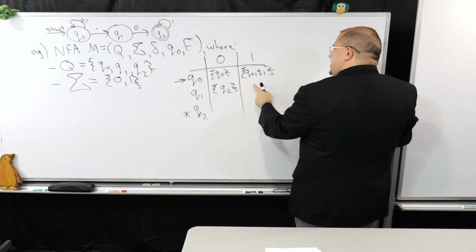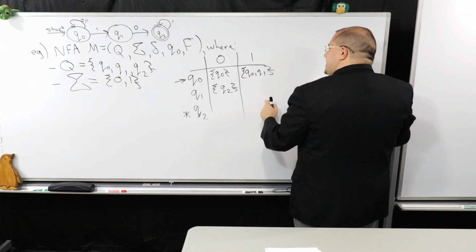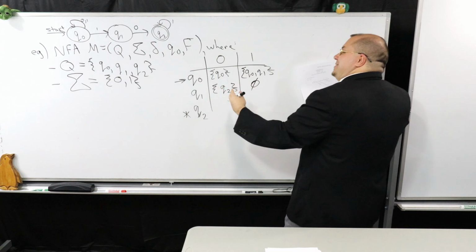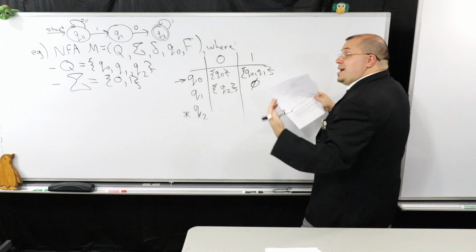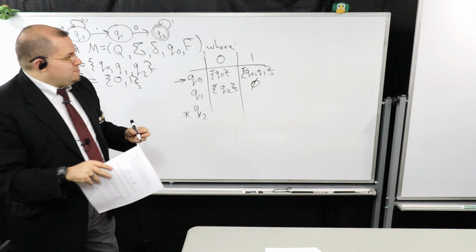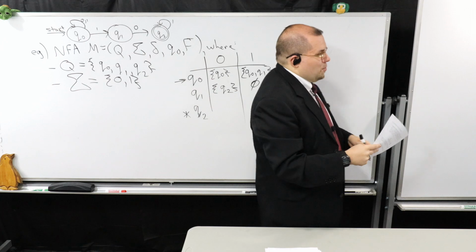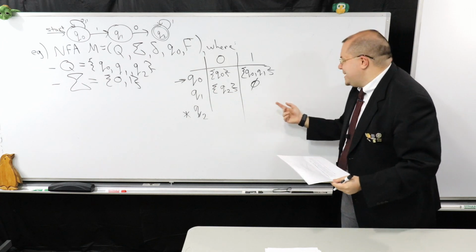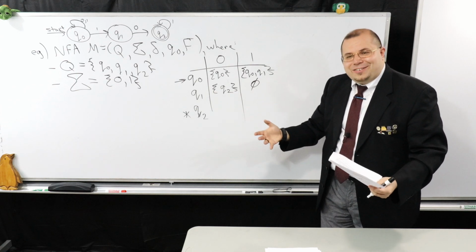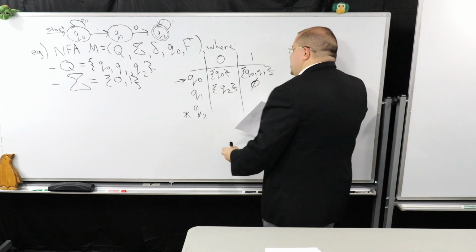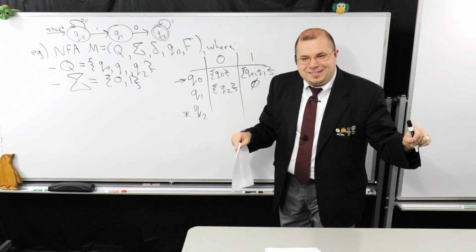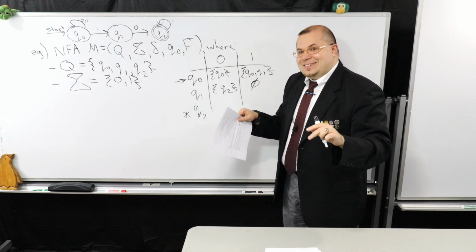And how about here? I alluded to this earlier. It's empty. Yeah, it's empty. Remember, the empty set is a subset of Q. So just be careful when you see this. You're like, okay, why the heck would that be there? It's because that's just a subset of Q. Just like technically a subset could be every single possible state, which is kind of wild.